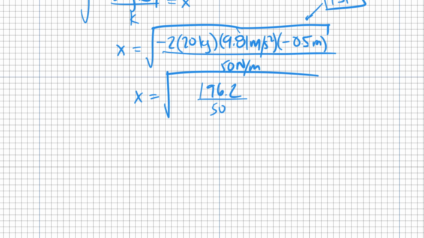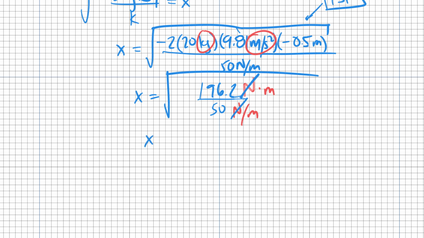So we get 196.2 on top and 50 on the bottom, and the units are, let's see if we can track this. Kilogram meters per second squared, so that's a Newton times a meter on top, and on the bottom I've got newtons per meter. So the newtons cancel, and I'm left with meters squared on top.